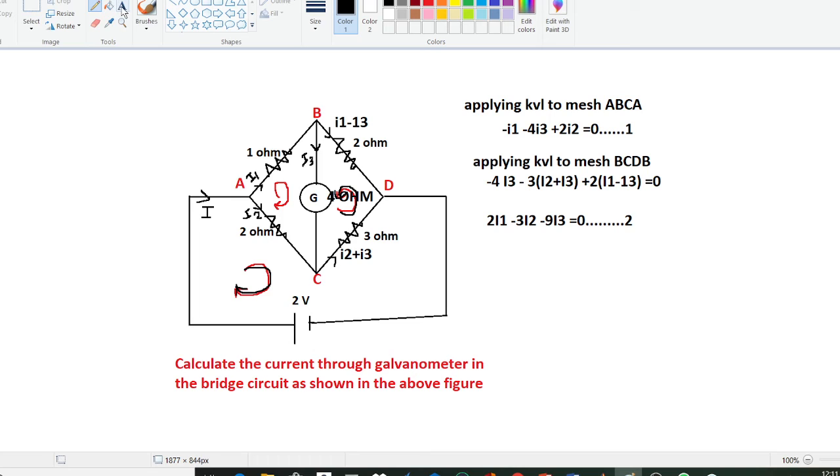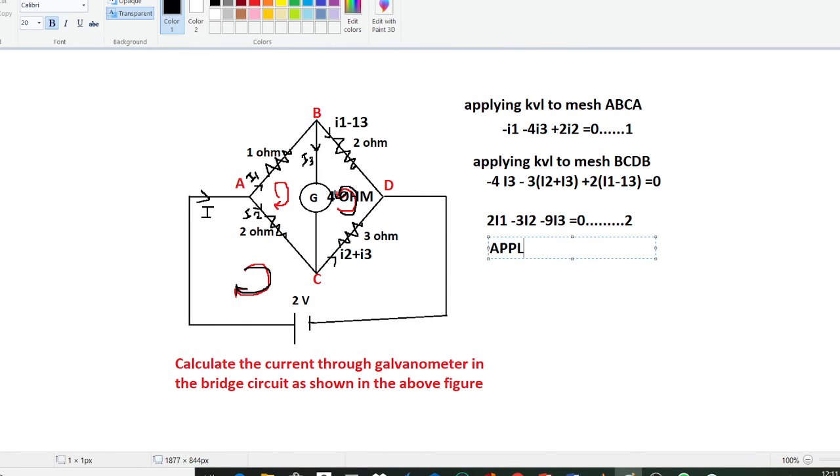If we apply KVL to this mesh, applying KVL to mesh ACDA.